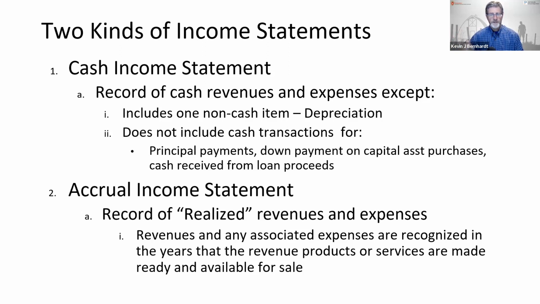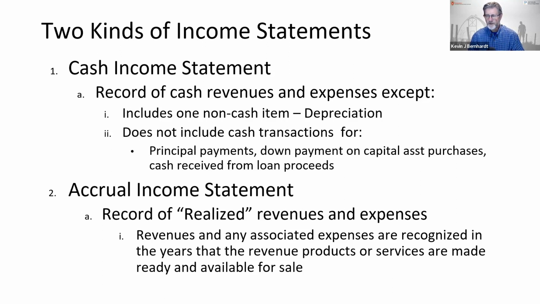So that work was done in 2022, and on the accrual income statement, that corn revenue will be recognized in 2022. However, we might have stored it. And if we stored that corn and didn't sell it until 2023, it won't show up on the cash income statement until 2023. So that's where the 2 income statements can be different.